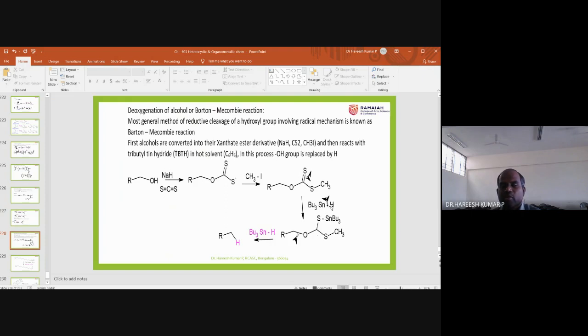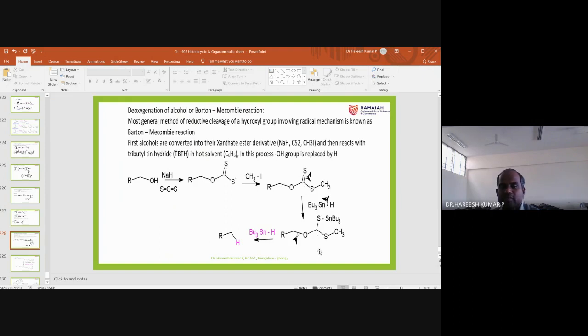In this tributyl tin hydride, there will be a homolytic cleavage between the tin and hydrogen. There will be a homolytic cleavage between the carbon and sulfur. So there will be a new bond formation between this sulfur and this tin. There will be a new bond formation between this carbon and hydrogen.